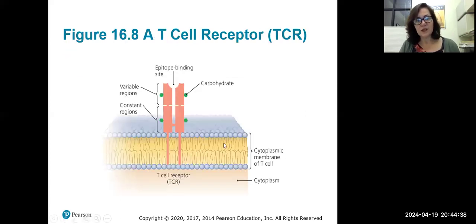All right, so the T cell receptor, TCR, again, is a structure that's embedded in the cell membrane and it sticks out to the outside. And then there's this particular place where it can bind something, but it can only bind things that are being presented to it.